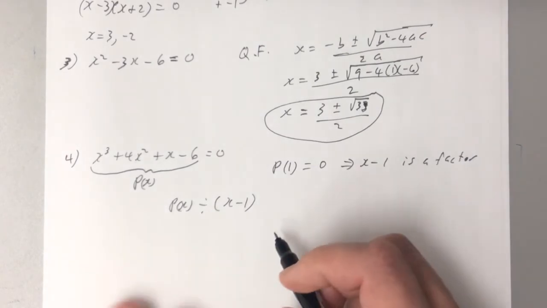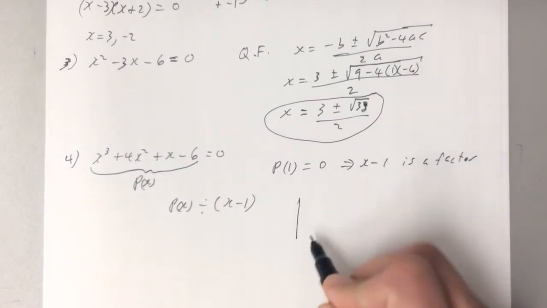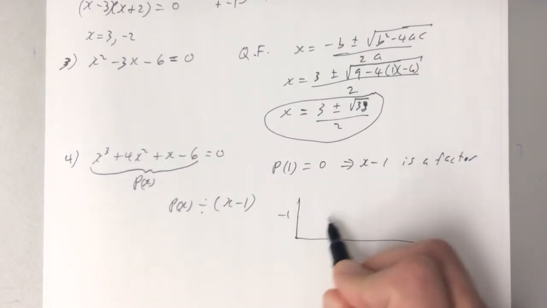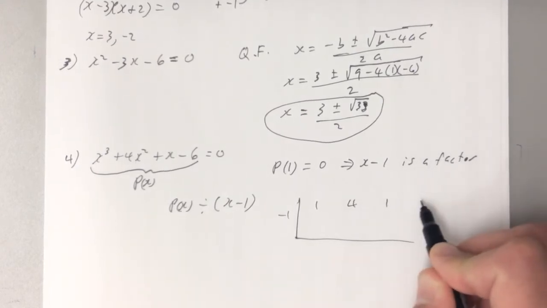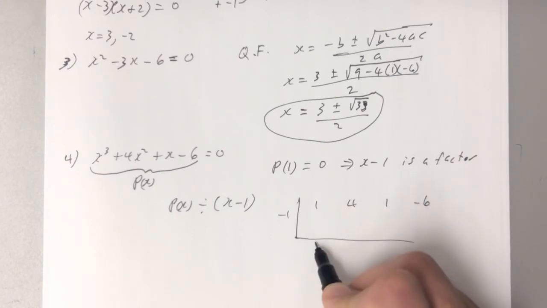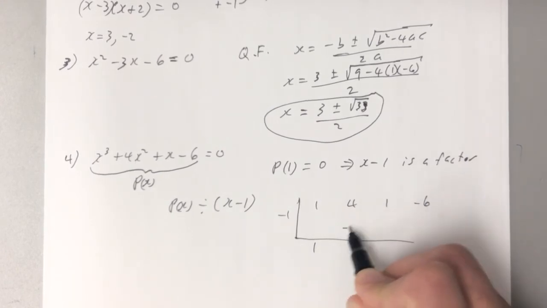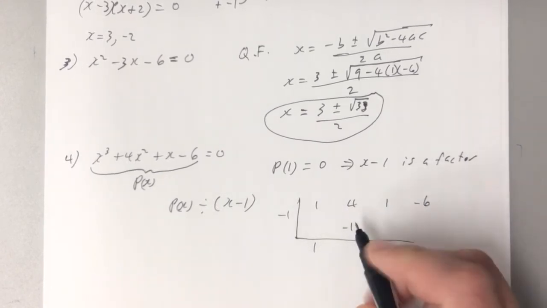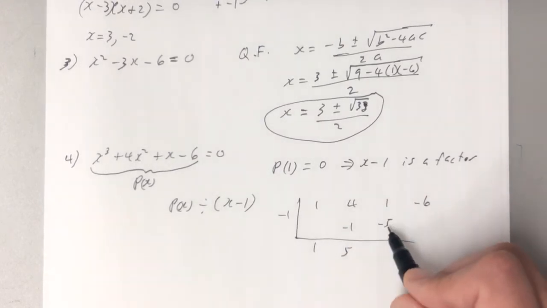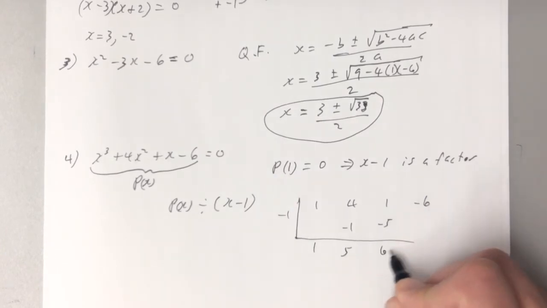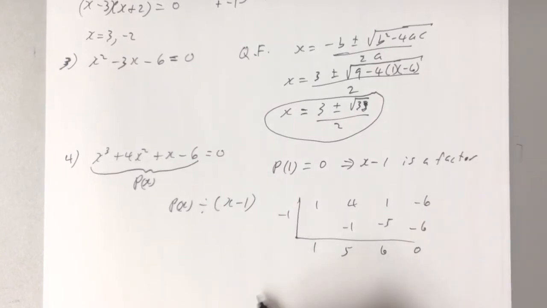When you do that, let's do synthetic division here. We use 1, then 1, 4, 1, negative 6. Bring the 1 down. 1 times 1 is 1, and 4 plus 1 is 5. Then 5, and 1 plus 5 is 6. Then 6, and negative 6 plus 6 is 0.